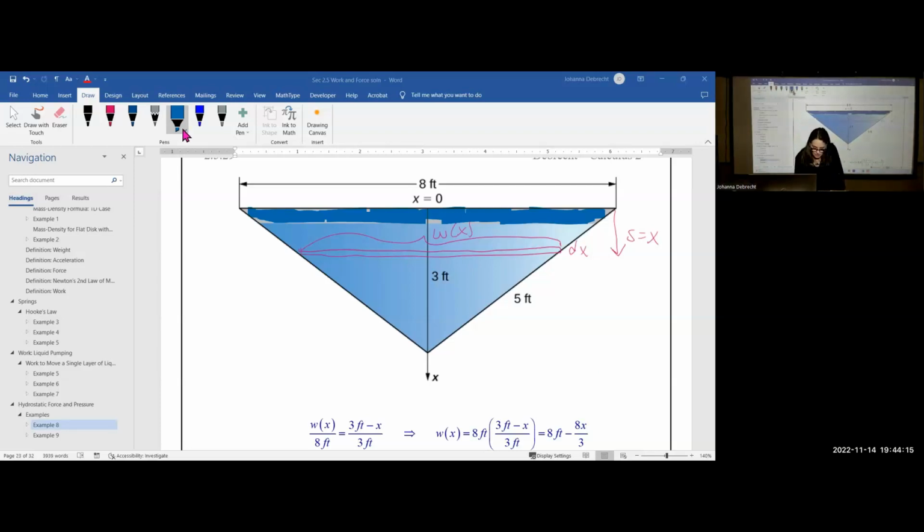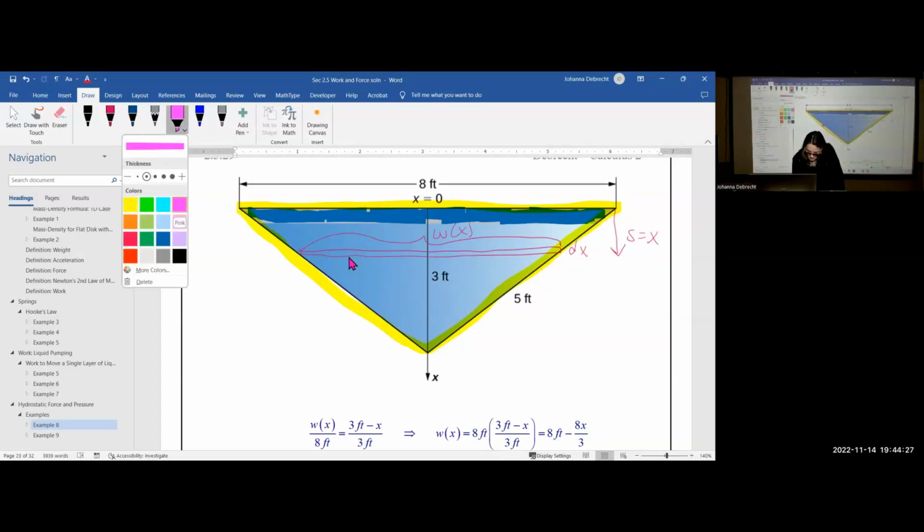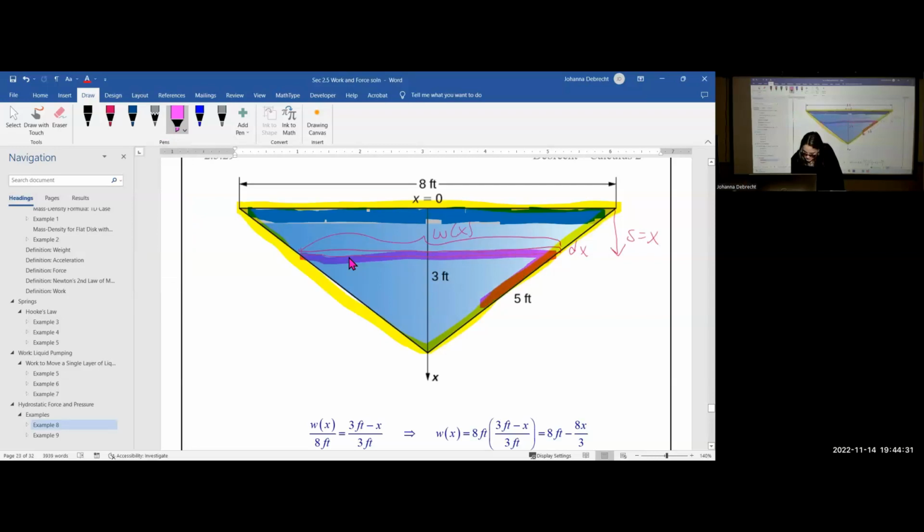So let me outline the two triangles that we're making into similar triangles for you. Here's the first one. That's for the entire tank. And this is the second one. Right? Notice that they do have corresponding angles here.